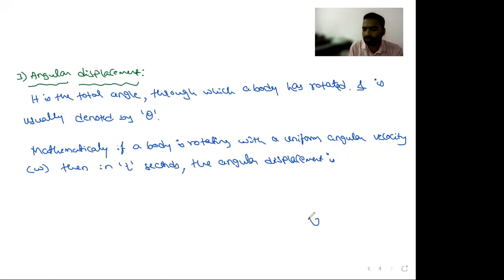You know that velocity is displacement by time, so displacement s is equal to v into t. Here, an object is rotating with angular velocity omega in time t. To find the displacement, theta is equal to omega t. Is it correct, all of you? Yes, sir. Write down, all of you.